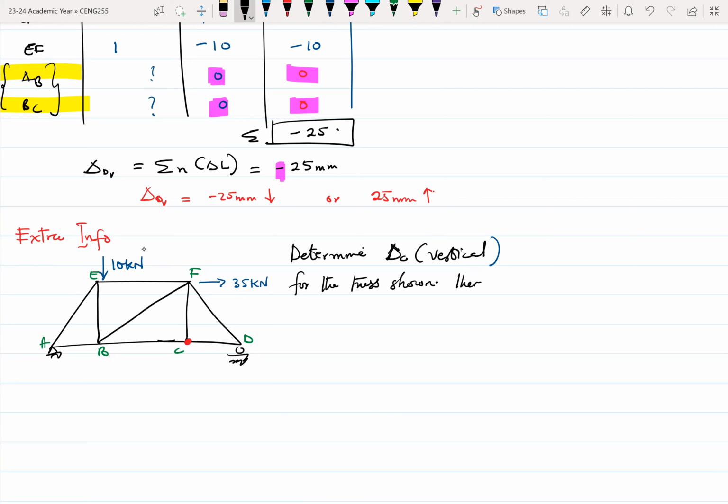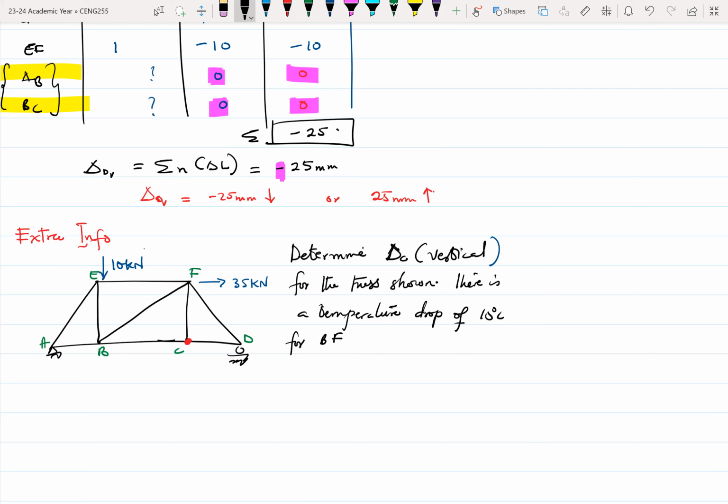So you can see that there is a temperature drop of let's say 10 degrees for member, let's say BF.